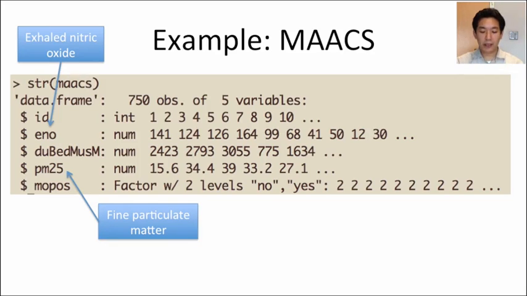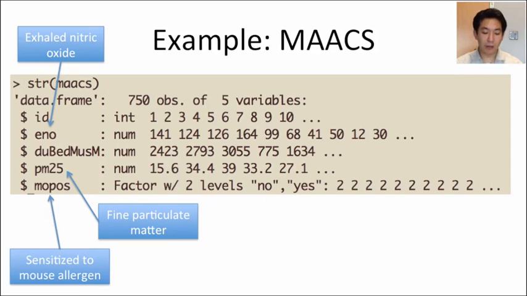The next variable I want to highlight is fine particulate matter, which is dust less than 2.5 microns in diameter, so it's very fine dust. And the last variable I want to point out is the mouse positive variable. This is a skin test that the children do, which tells us whether they're allergic to mouse allergen or not.